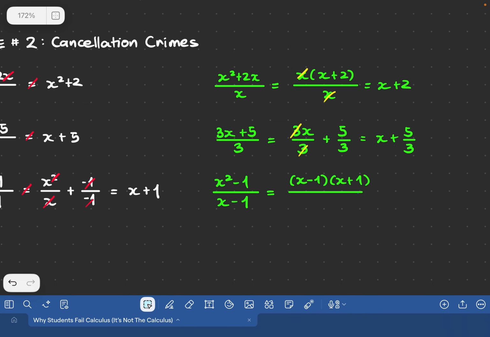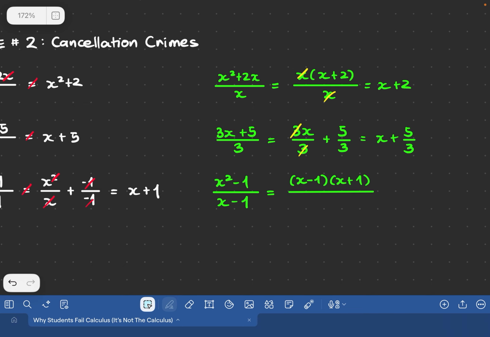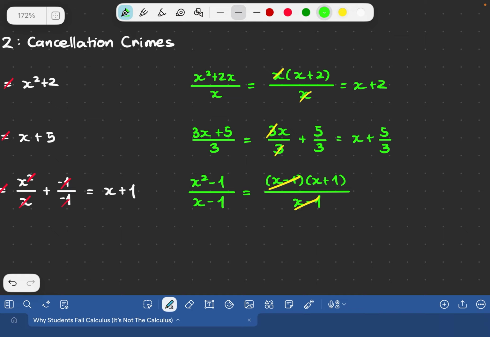So that's the factorization when you have a difference of two squares. Then this will be the denominator that cancel this time the common factors. So again, you can cancel. The key idea here is that you can't cancel over sums or differences, but you can cancel over products. So this will leave you with x plus 1.